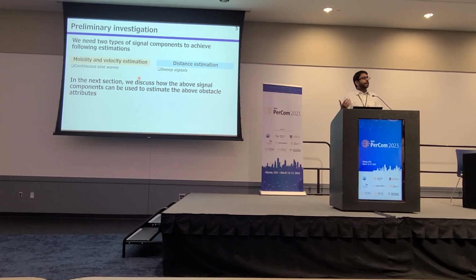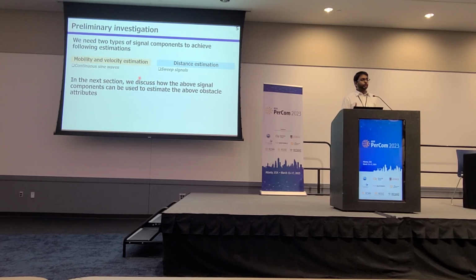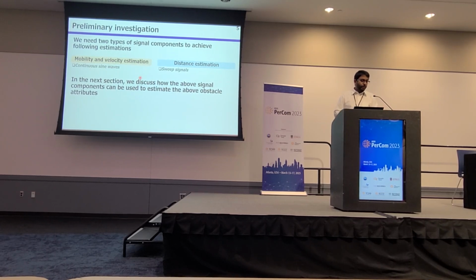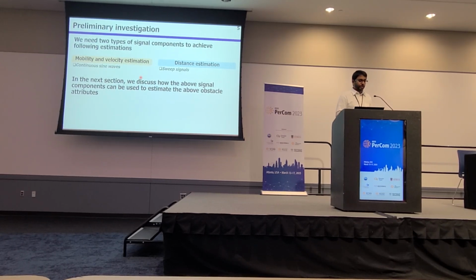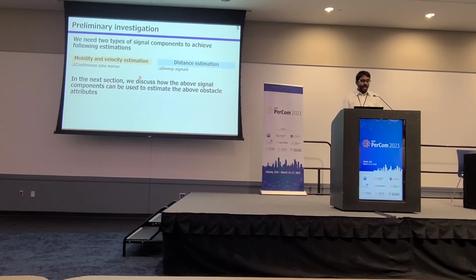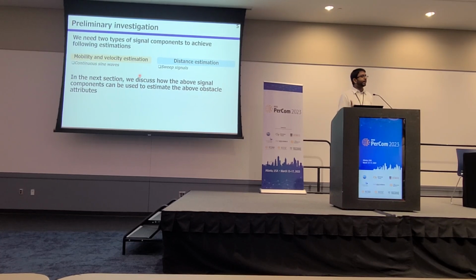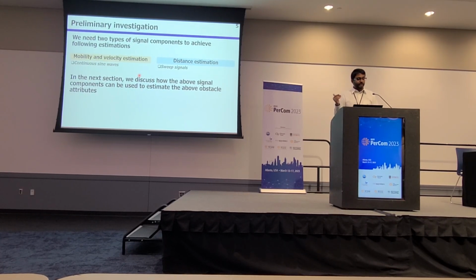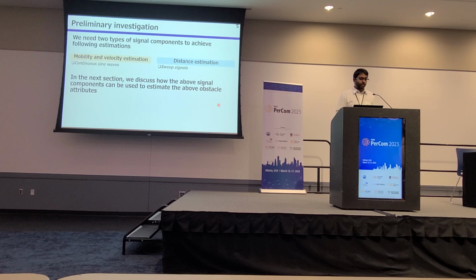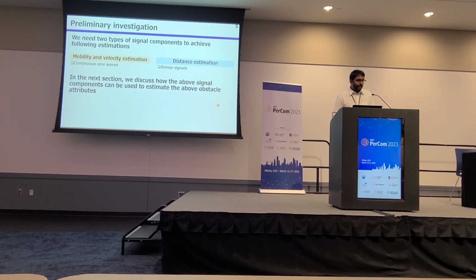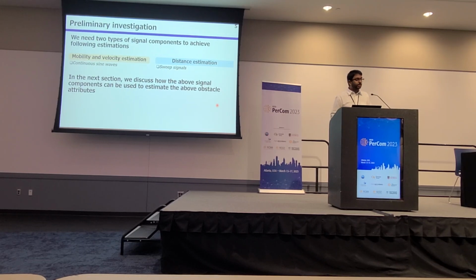So, according to the above investigation, we can understand that we need two types of signals to achieve the following estimations. For mobility and velocity estimations, we need continuous sine wave segments, and for distance estimation, we need sweep signals. So in the next section, we will discuss how these signals can be employed to estimate the above-mentioned attributes.